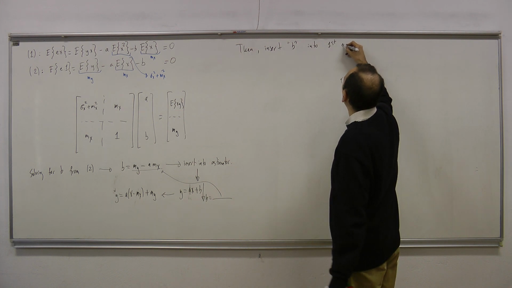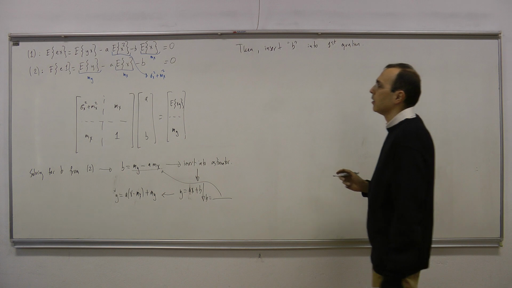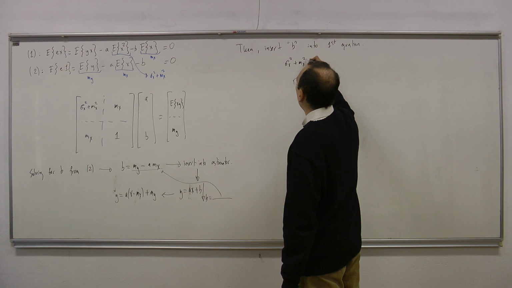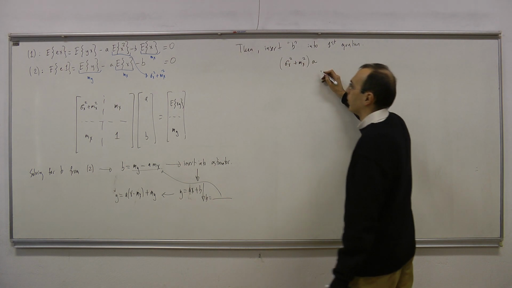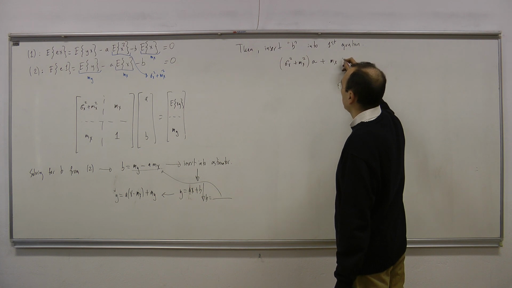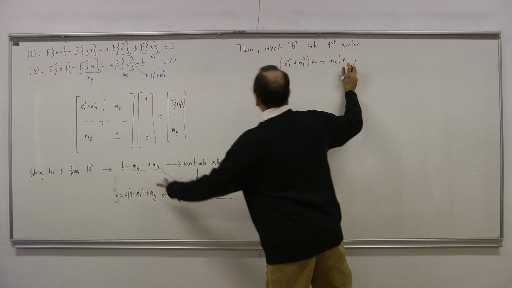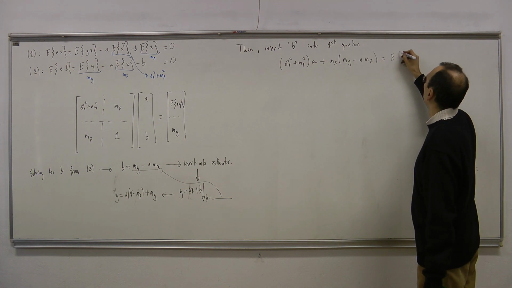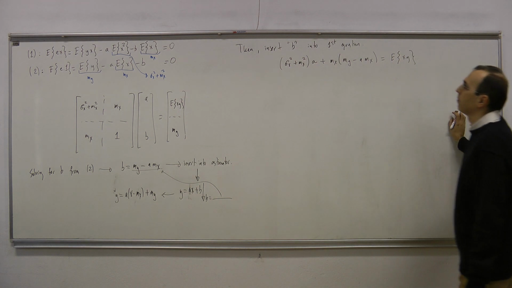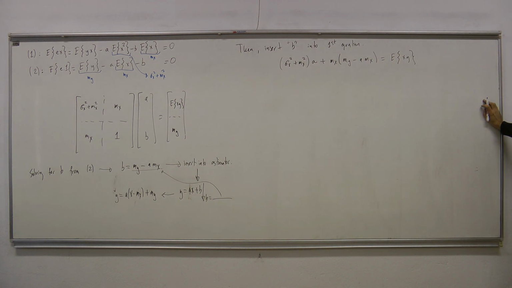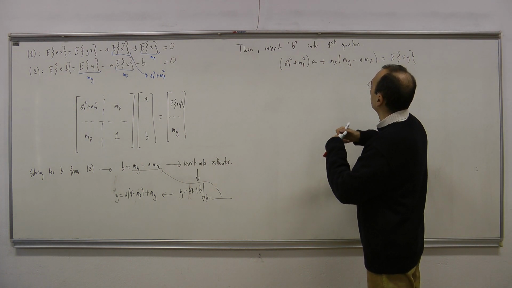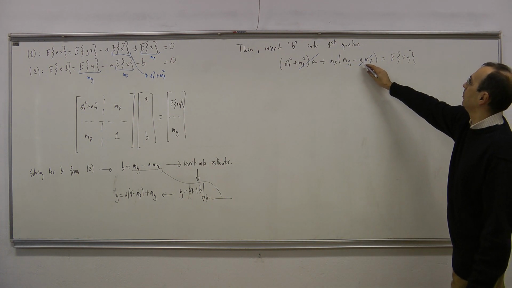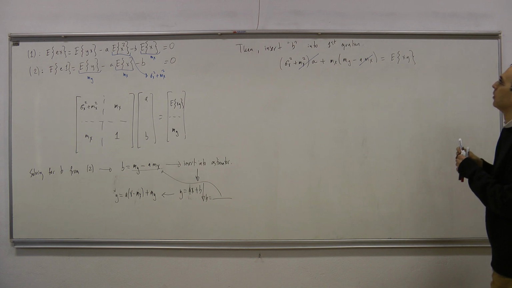I'm trying to solve for a. Okay, so what do I have? Sigma x squared plus mx squared times a, plus mx times b, which is my minus a mx, is equal to expected value of xy. Am I right? Well, there is some cancellation going on. This cancels this, okay? So mx squared.